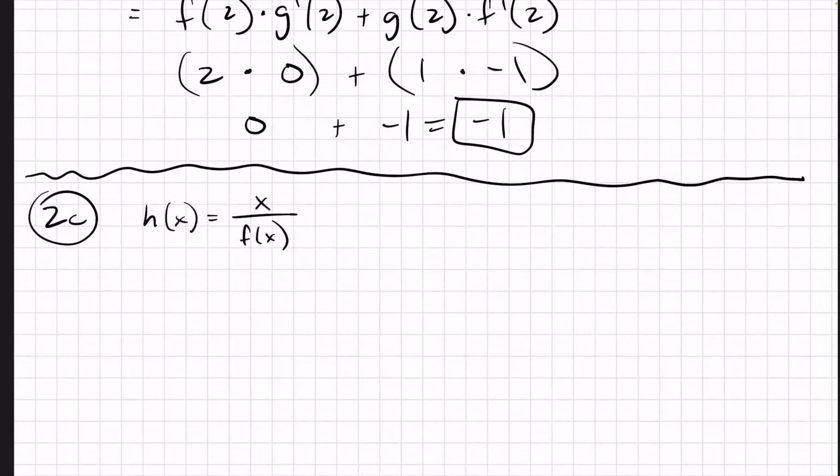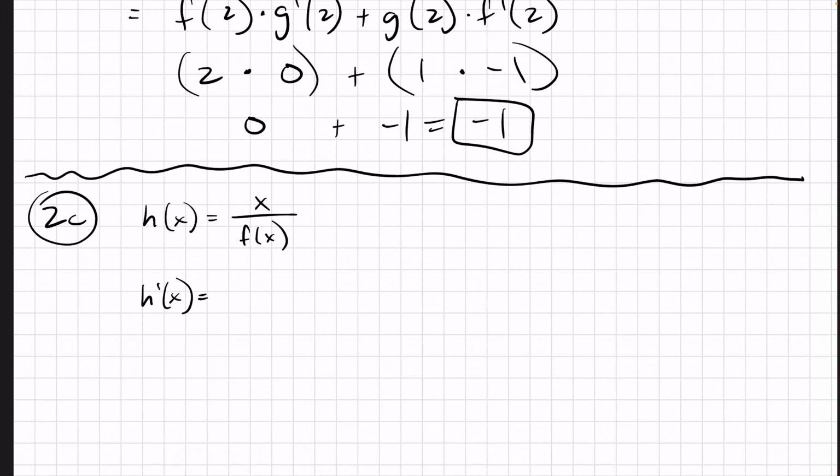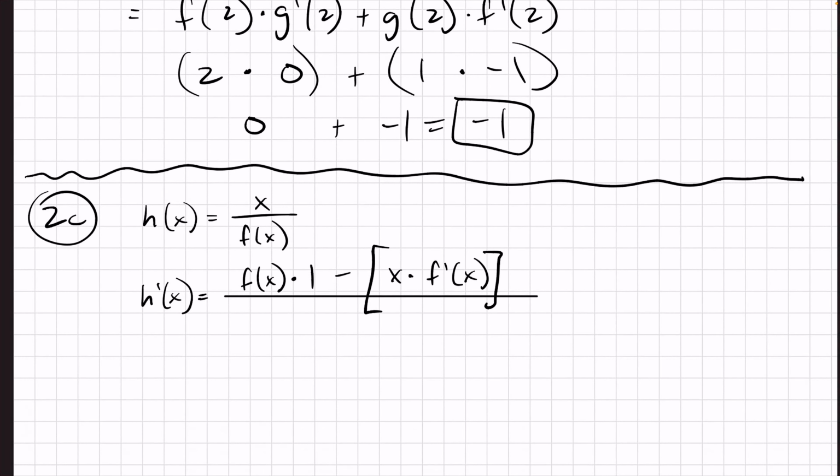Okay, so it's a quotient rule problem. Low times the derivative of the high. So what's the derivative of the top? 1. Minus the high times the derivative of the low, which is just f of x, over the low squared. That's the only difference. You just use x. It's not f of x, it's not h of x, it's not g of x, it's just x.